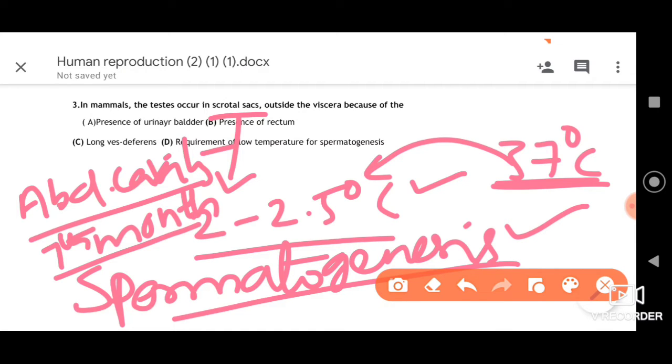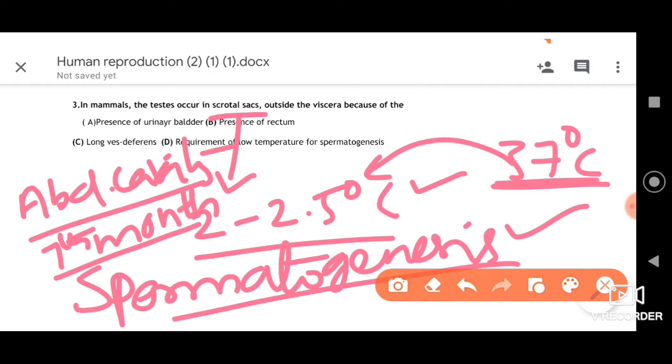For the baby developing inside the womb of the mother, if it is the 7th month and it is male, then at this time the testes would have descended into the scrotal sacs, my dear friends. And of course this occurs in the presence of the testosterone hormone.